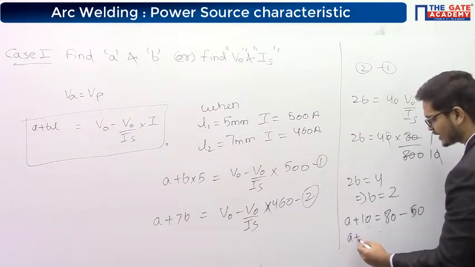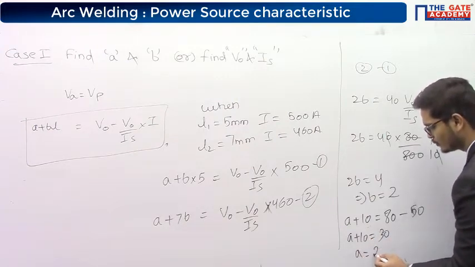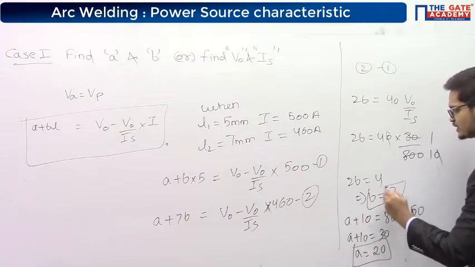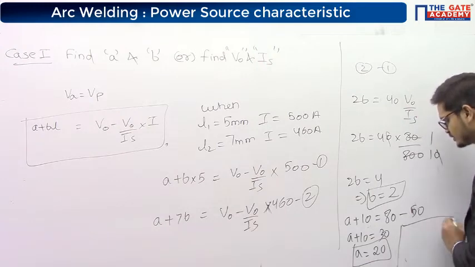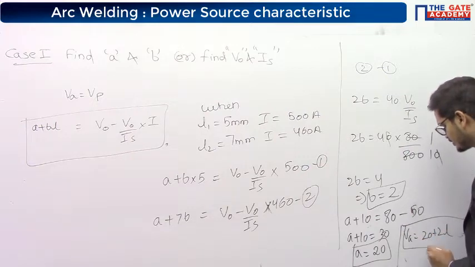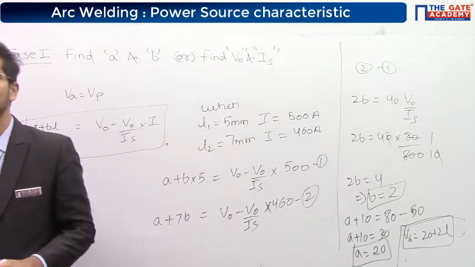So A plus 10 is equal to 30, which implies A is equal to 20. So A is 20, B is 2. So the equation is VA is equal to 20 plus 2I.